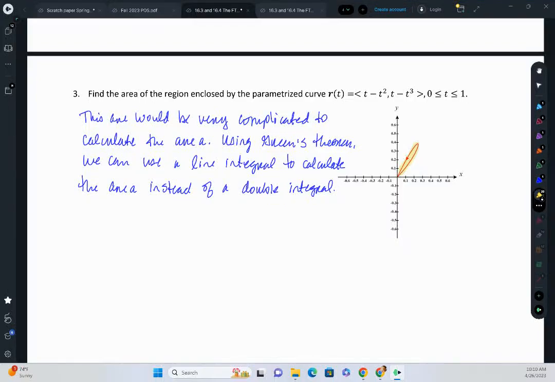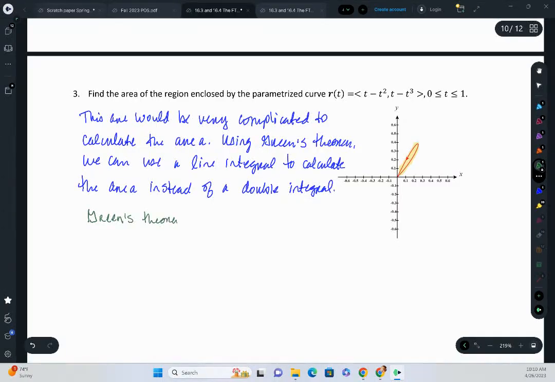So let's see. Green's theorem says the area is equal to the double integral over D of 1 dA, which is equal to the line integral over the closed curve C of p dx plus q dy, where del q del x minus del p del y is equal to 1.